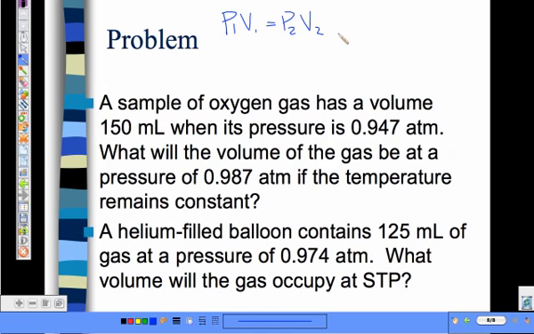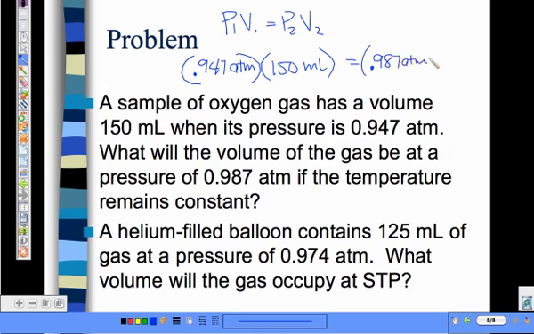So what's our initial pressure? 0.947. Now it does not matter what units you're using in this case, as long as they're the same on both sides. What's our initial volume? And that's equal to, what's our changed pressure? And do we know the second volume? No, that's what we're going to look for.